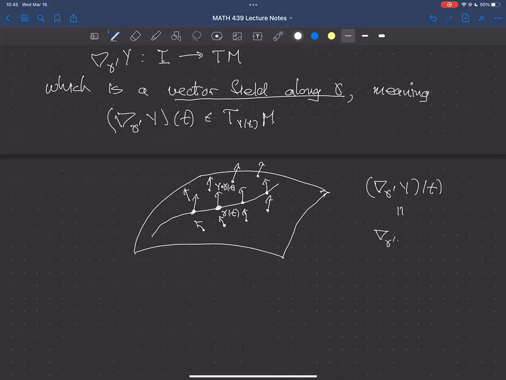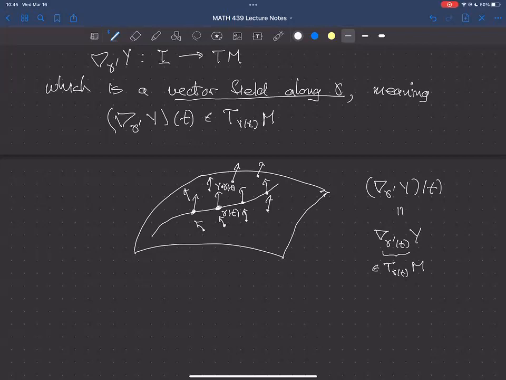It's nabla gamma prime of t y, because this, after all, is just a tangent vector to M at gamma of t. Okay, does that make sense?